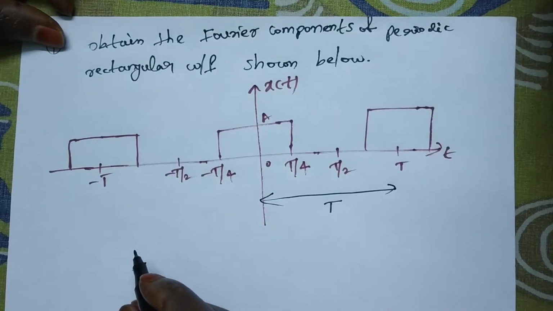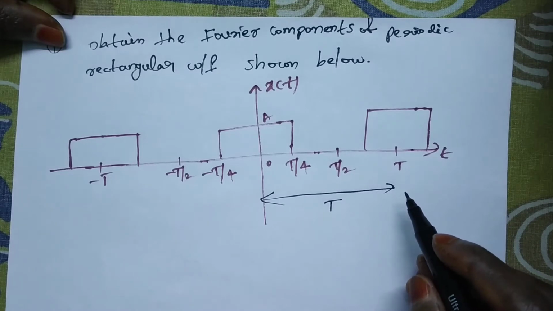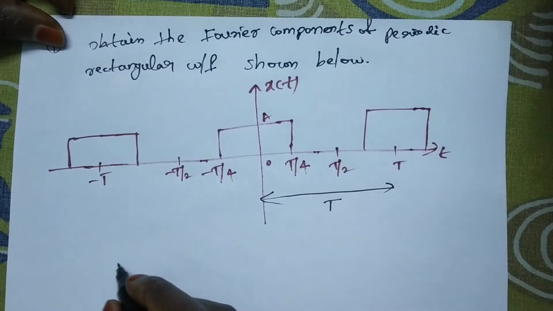Time period is T. And the signal is in the graphical representation. Now represent it in terms of a functional form.